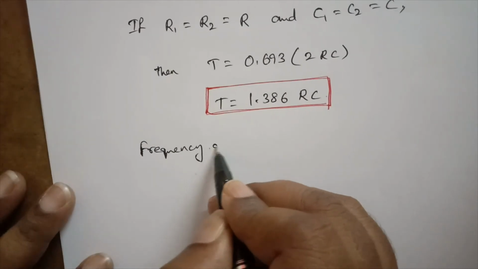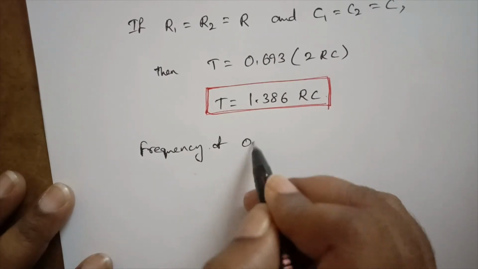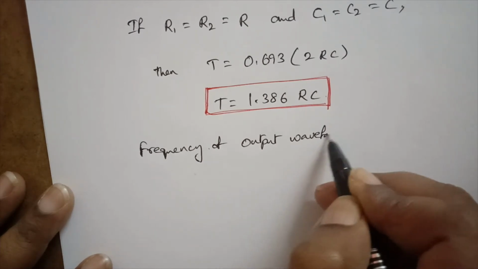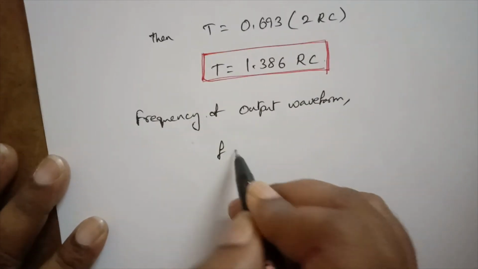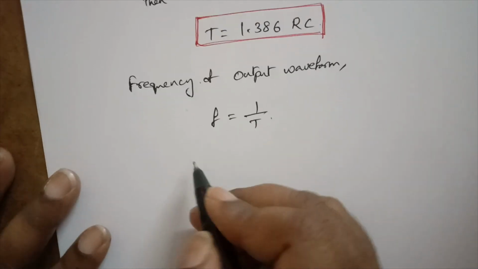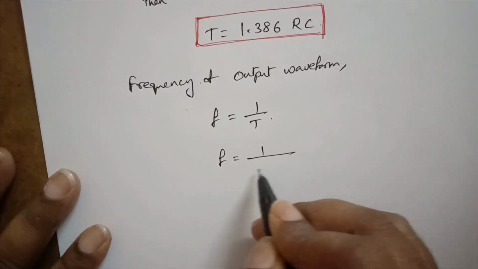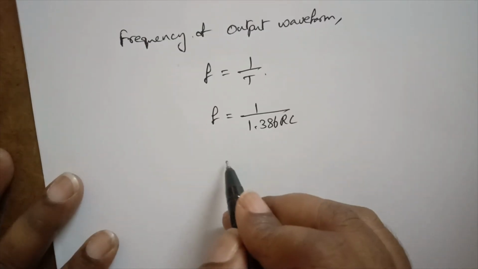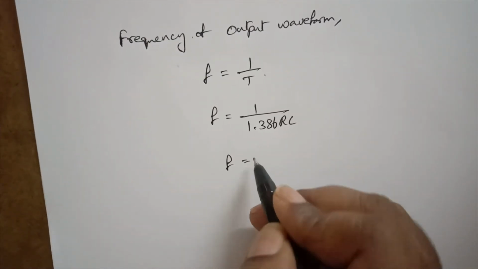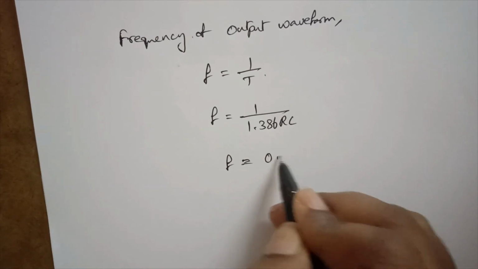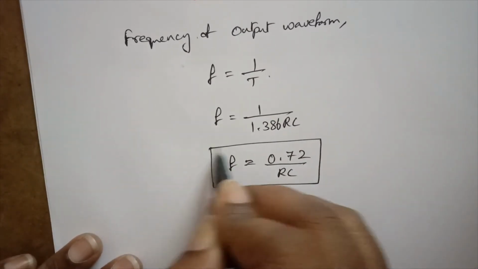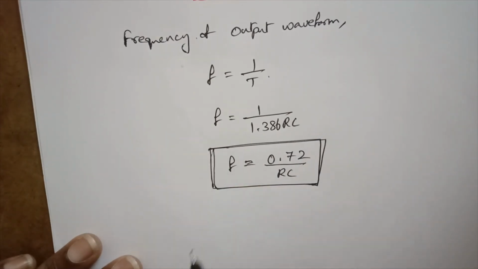So the frequency of the output waveform is given by F is equal to the reciprocal of the time period. So F is equal to 1 by 1.386 RC. So 1 by 1.386 value is given by 0.72, so F is 0.72 by RC. This is the frequency of the output waveform.